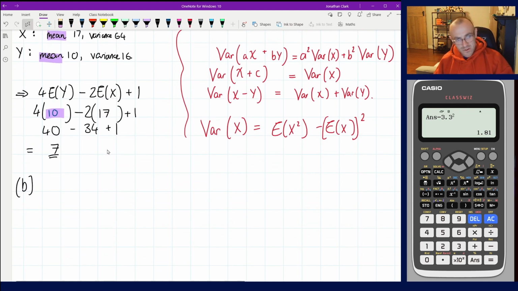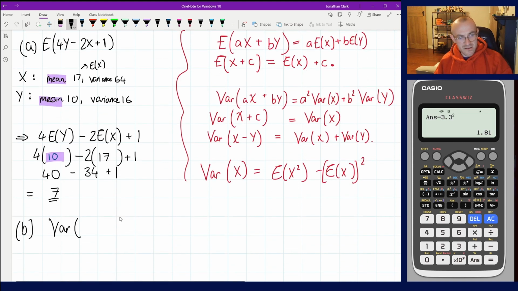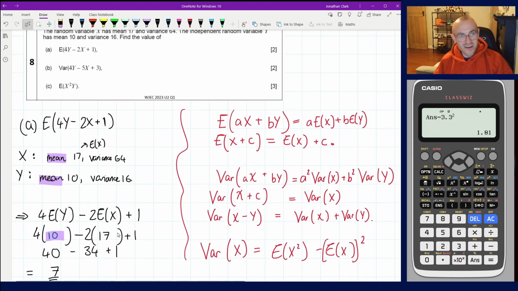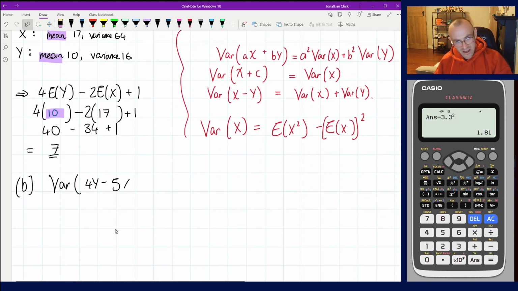The next one is a variance statement. It's the variance of 4y minus 5x plus 3. The first rule I'm going to use is this one here when we're dealing with constants. We have a plus 3, it's like it's not there at all.